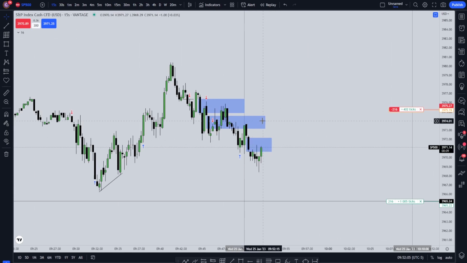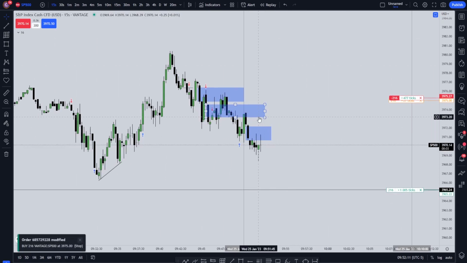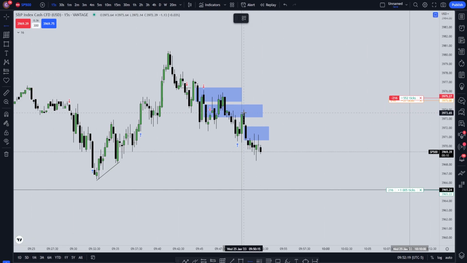So back in this fair value gap, just gonna move this a bit here. Okay. Now once we trade below this low, I'm going to move my stop loss to this high right here that I marked out, once we break below this low.